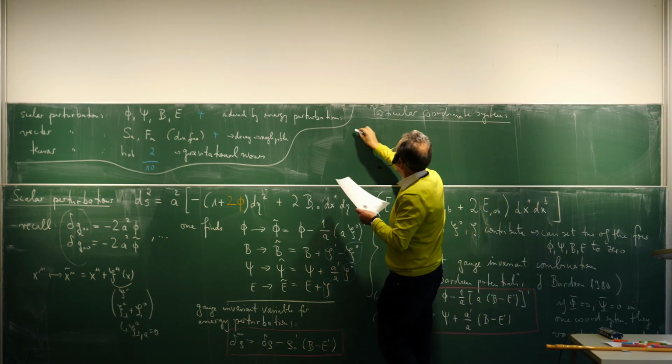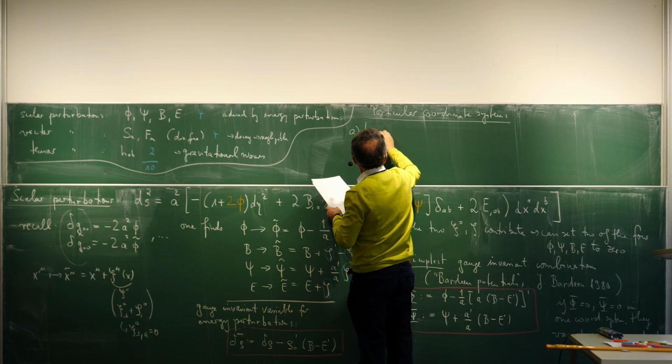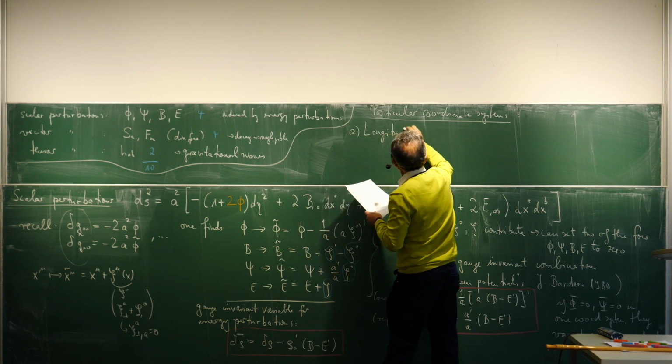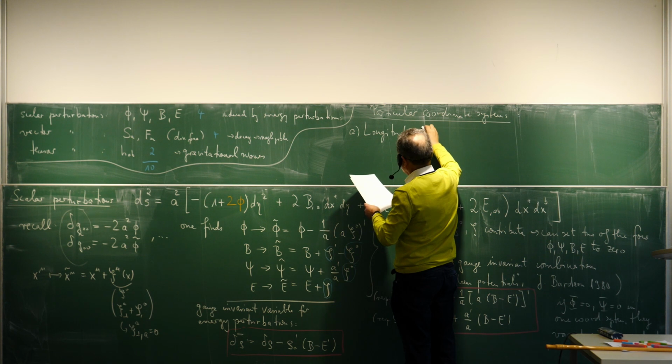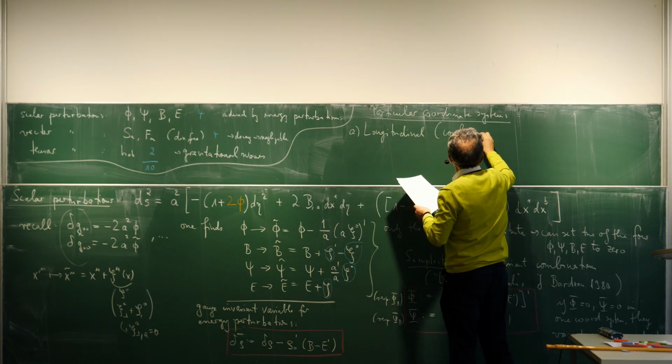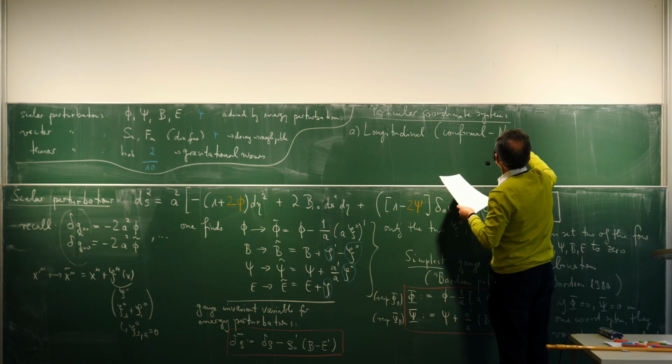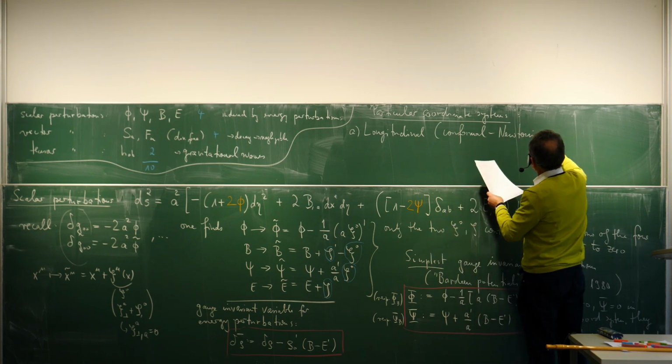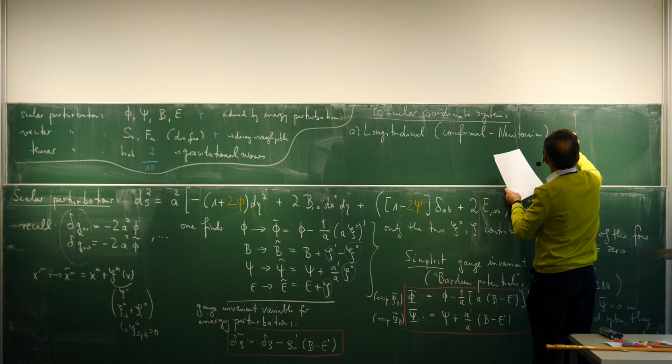The first one is called longitudinal, or conformal Newtonian gauge.